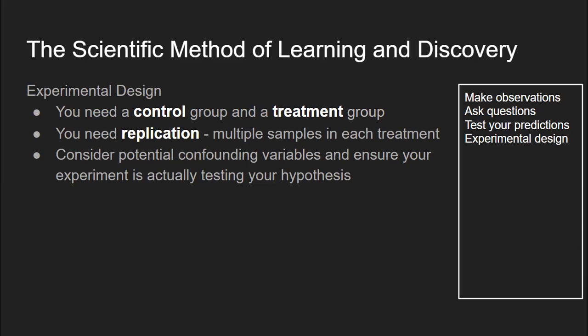So this is your samples within your treatment. So the treatment group or the control group has to have multiple samples, because if something were to go wrong and you only had 1 sample, then you can't draw any conclusions from that.